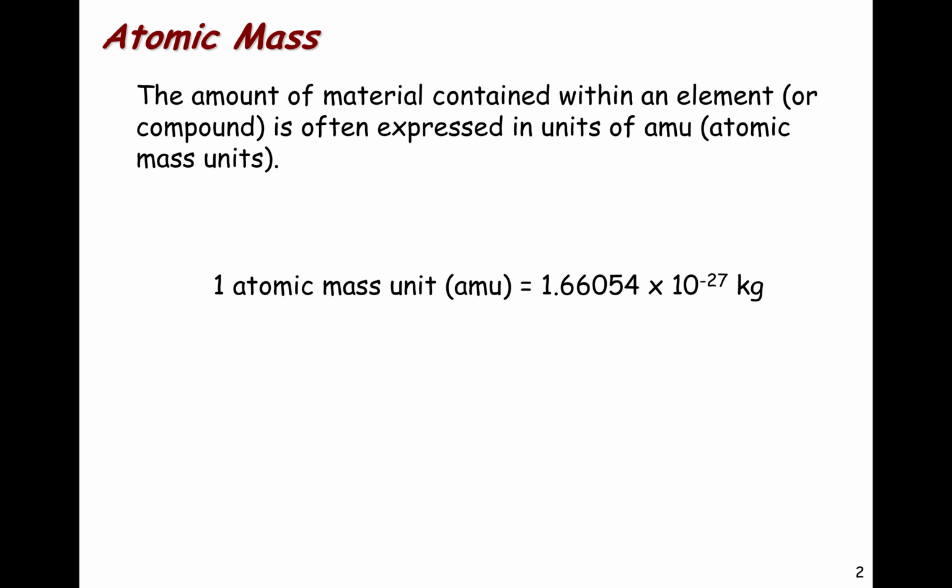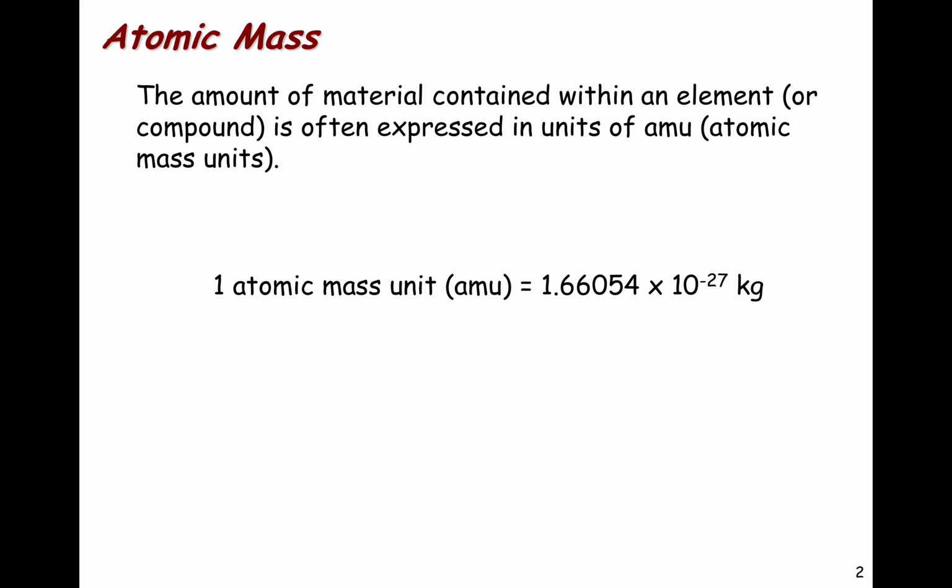The main reason for this is that the size of the subatomic particles is so small in terms of mass that we wish to use a convenient number such as 1 to do our calculations. So a typical conversion factor is that one atomic mass unit happens to be equivalent to 1.66 times 10 to the negative 27th kilograms.